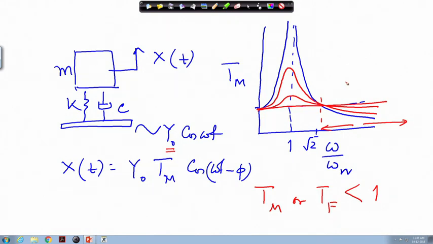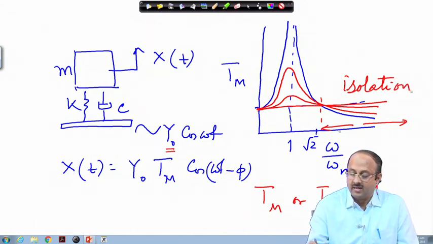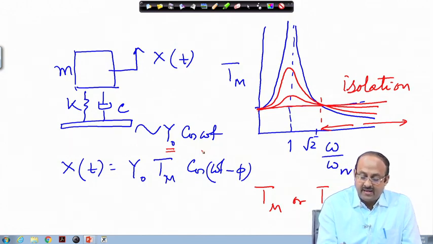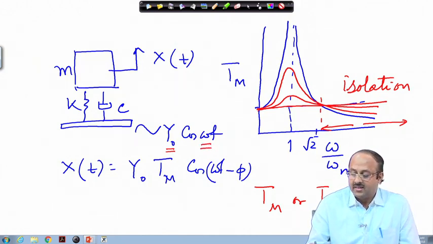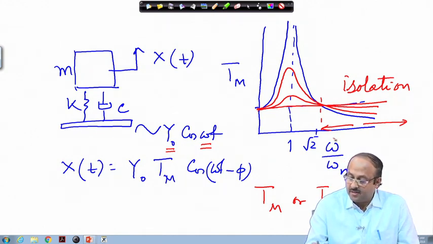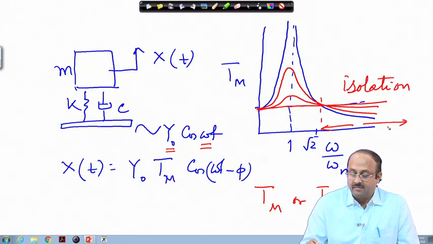So, this is the region for isolation, and naturally we see that depending upon the excitation frequency, the isolation takes place if omega n is actually low, because as this ratio becomes higher and higher, then the isolation becomes good.